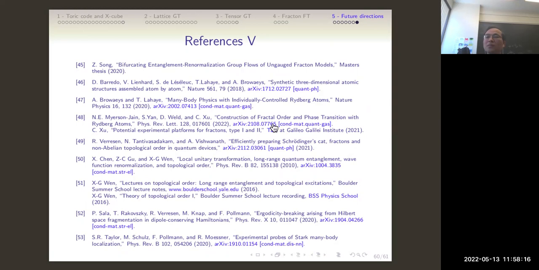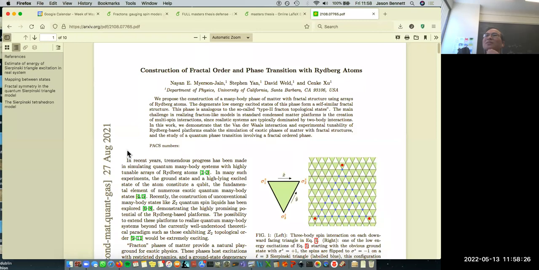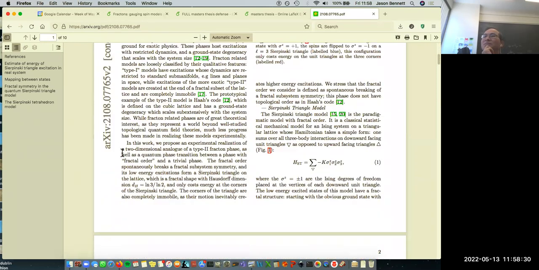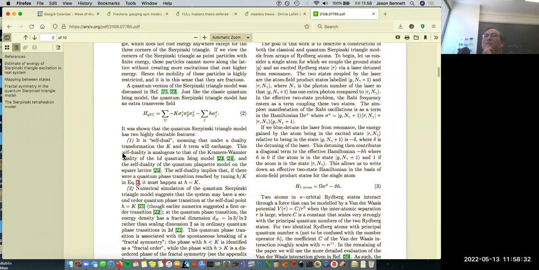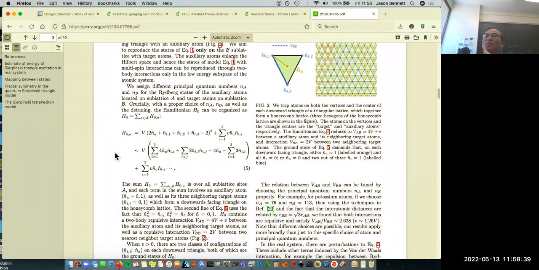Of course, this is for the future, but do you have any idea how it could be done? So they start with 3-body and some kind of density interaction.